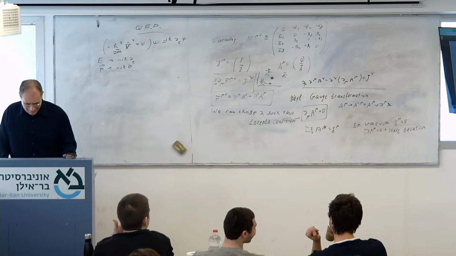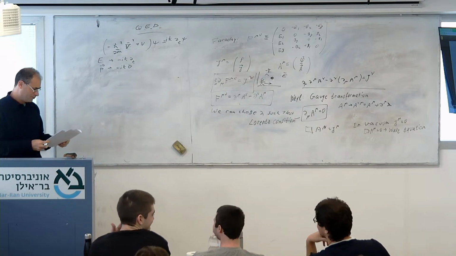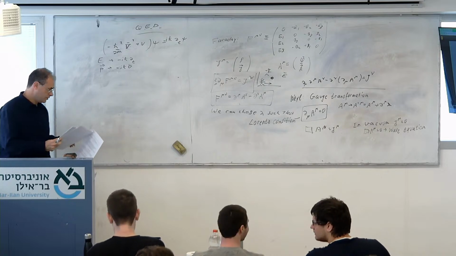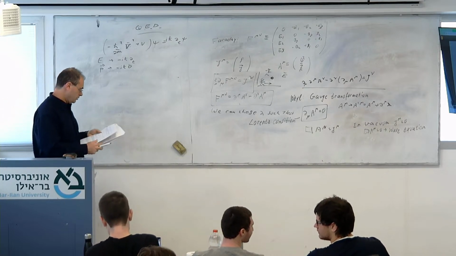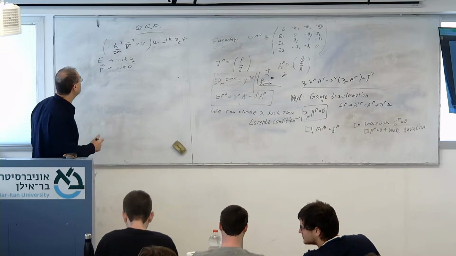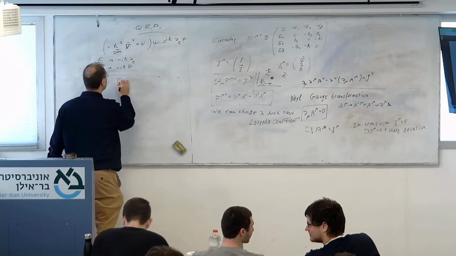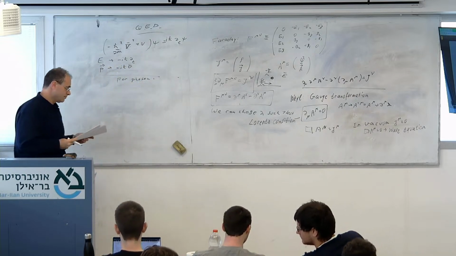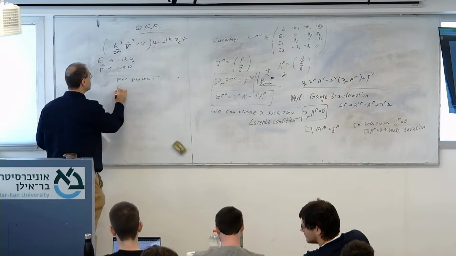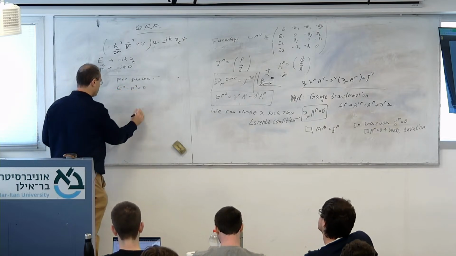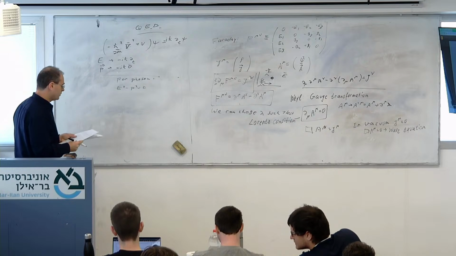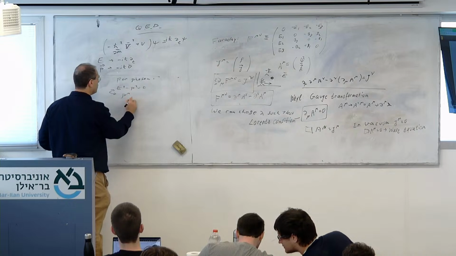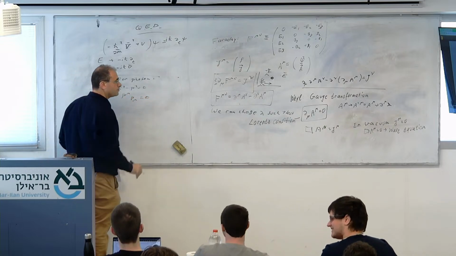Now, what's the gauge? If we try to do the same for the photon, since it is massless, we had E squared minus P squared equal to 0, which we wrote in covariant form as P_mu P^mu equal to 0.